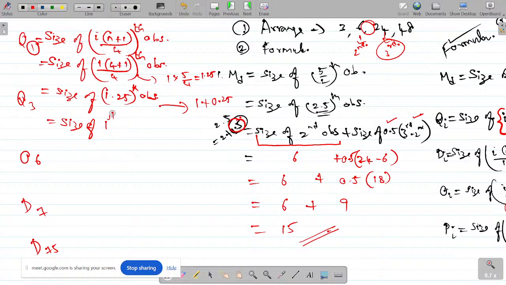So size of first observation plus size of 0.25 of, see where this is actually located. Here is Q2, here is Q1. If I post these values 3, 6, 24, 48, 3 is over here, 6 is over here.